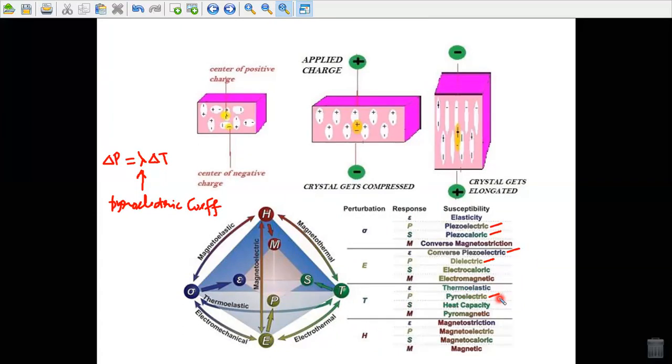This type of behavior is observed. These are the perturbations, these are the responses. These are interconnected by this simple diagram.